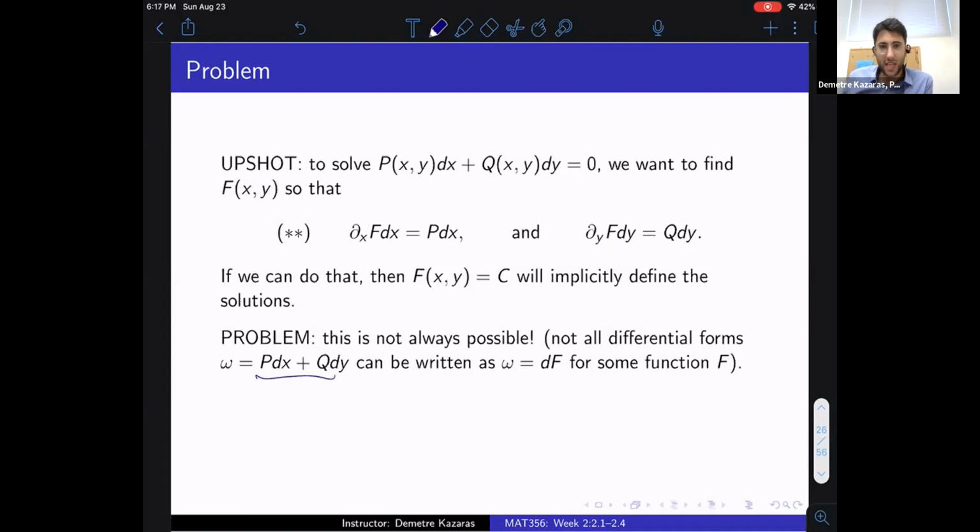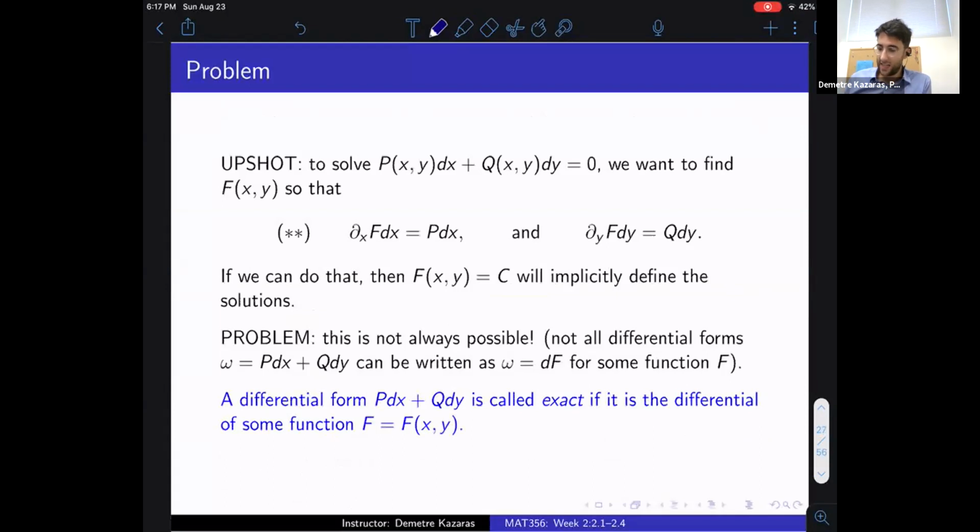In fact, there's a special name for differential forms for which this is possible: they're called exact. A differential form P dx plus Q dy is called exact if it can be written as the total differential of a function of two variables. All right, special name, exact.